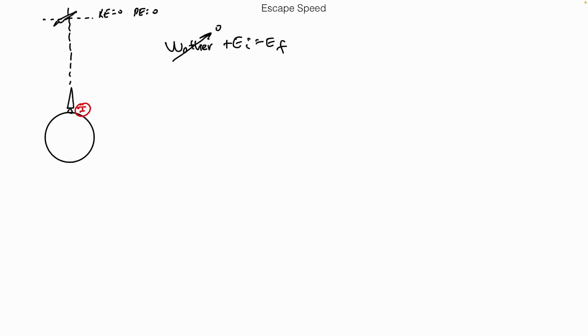We're imagining a situation where we're launching, having a speed. Once we have that speed, can we make it away? Which I know seems a little bit weird, but our kinetic energy initially is not going to be zero, okay? I'm going to call this the escape speed, by the way.